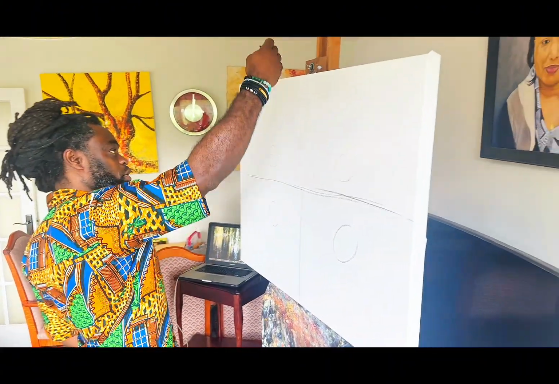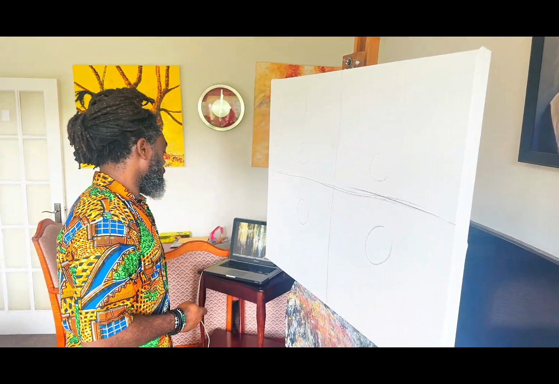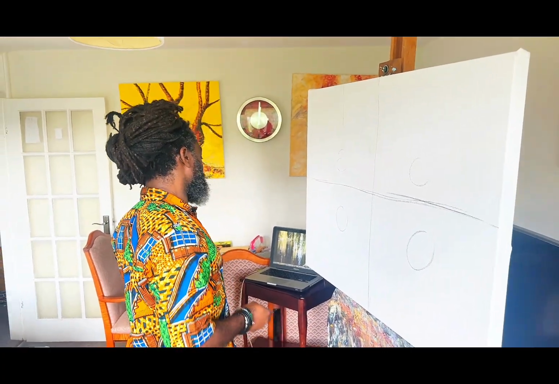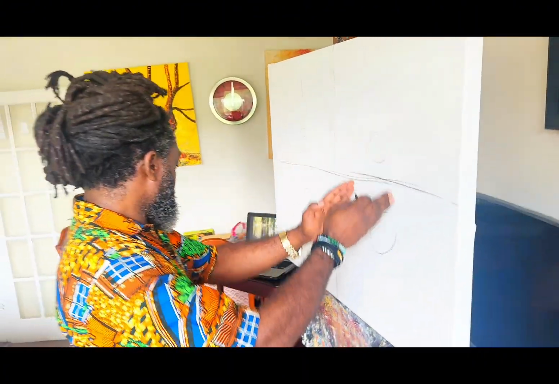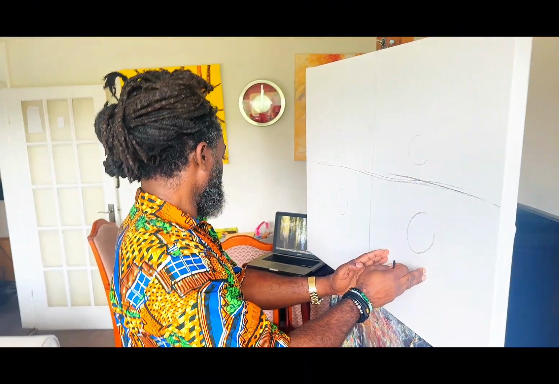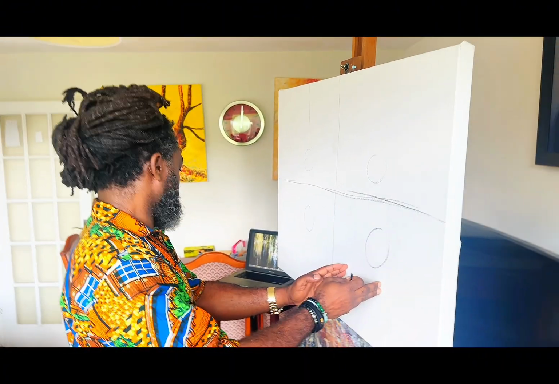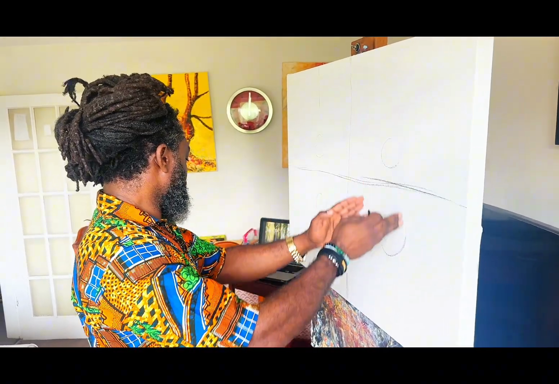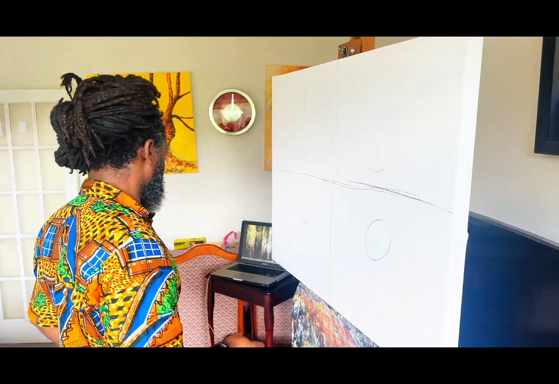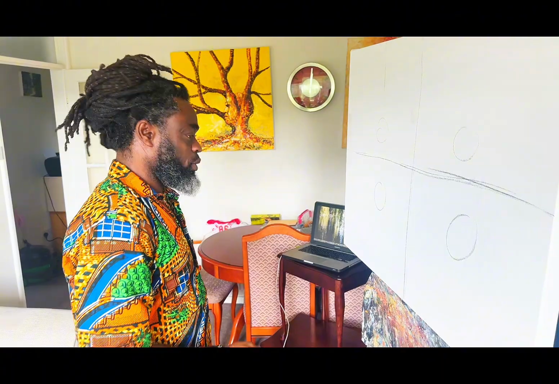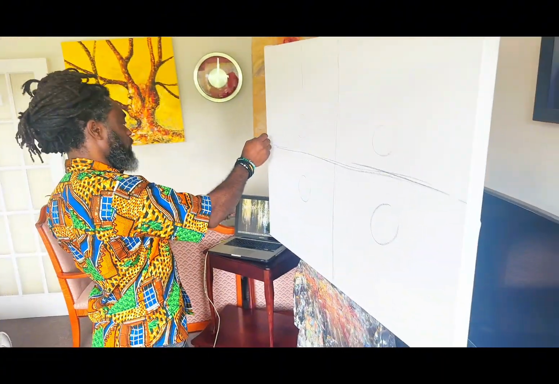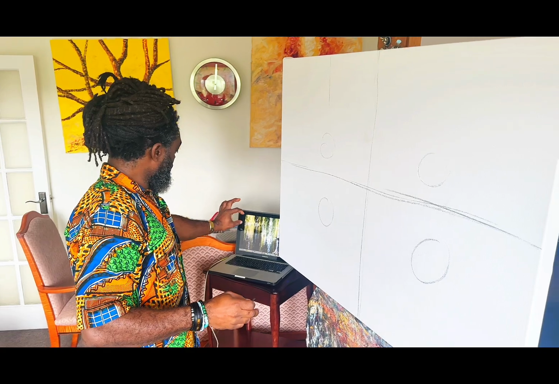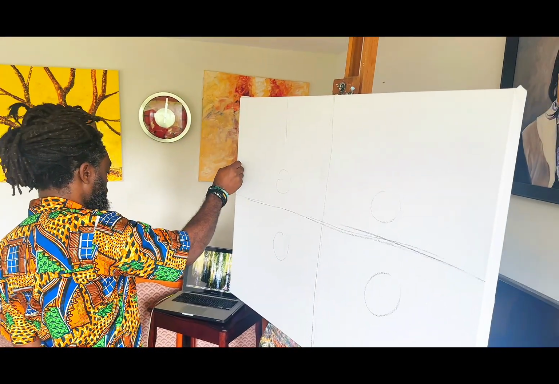There's nothing like a horizontal part of it. So now my focal point is going to be here. I'm going to take here as my focal point. I start from here. If you measure from here to this place, you cut it from here.